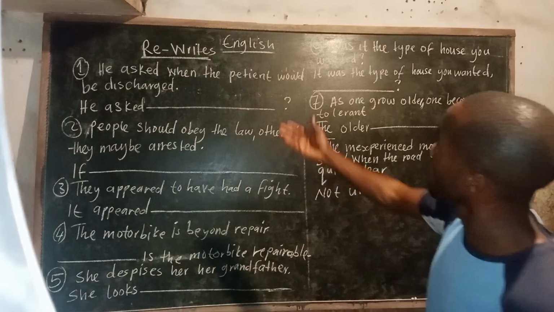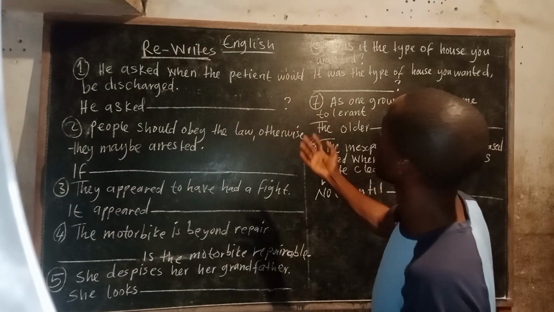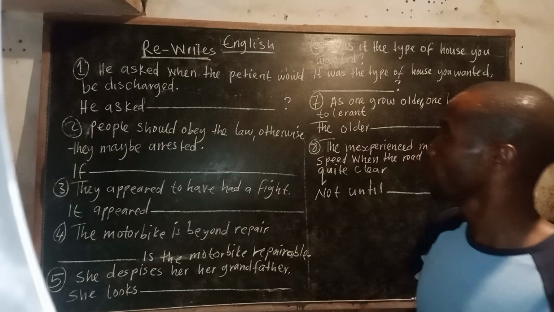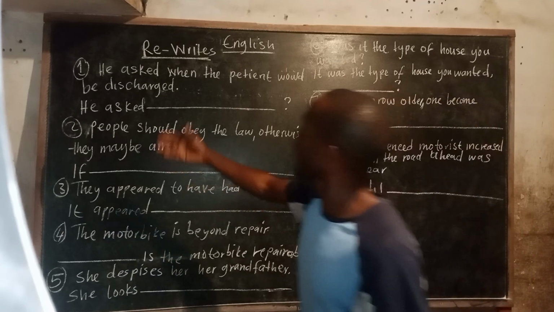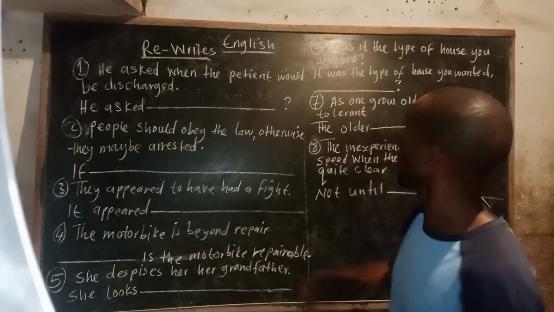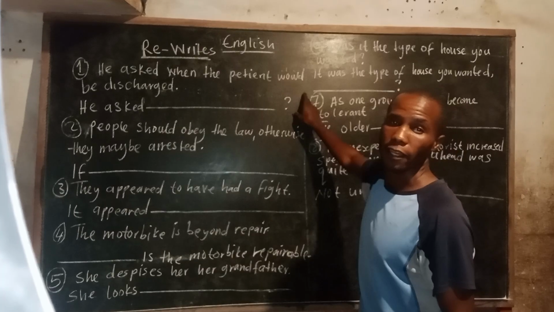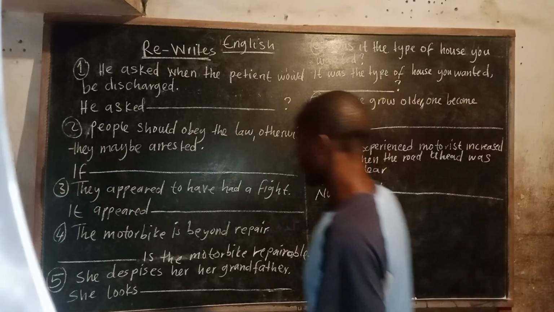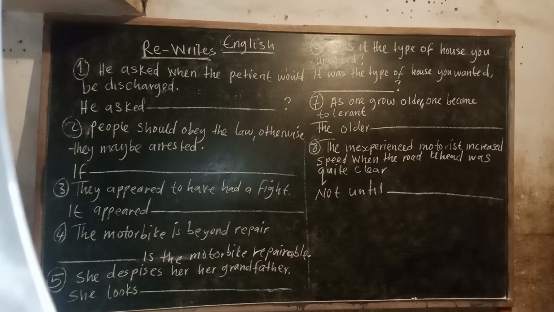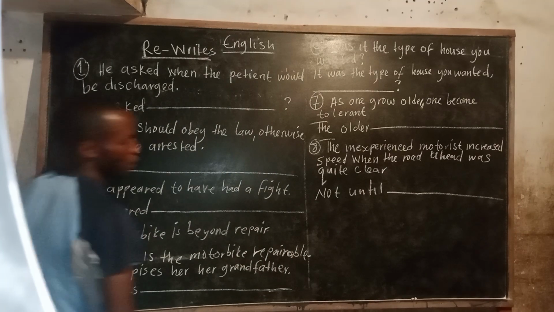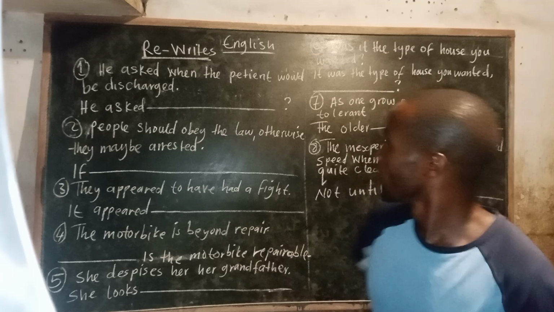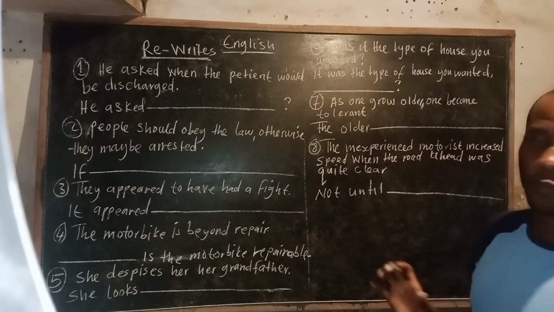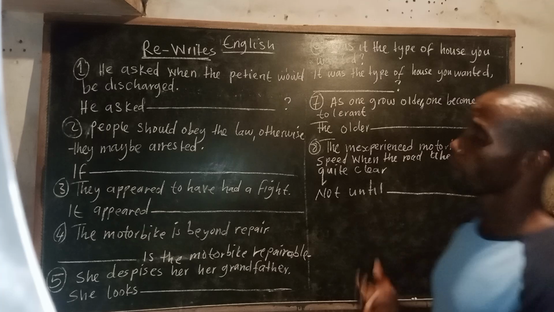So like this one, he asked when the patient would be discharged. You know what it means. Now here they are saying he asked again, but remember you are given the question mark here. Let me get the chalk so that we can move together. So there is a question mark. It means the first sentence was more of reporting.